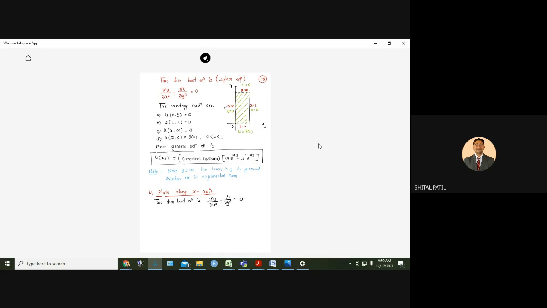Now the plate is along the x-axis, so it will be like this. This is the x-axis. This is the y-axis. This is the plate. Okay, this is the origin. Right. Then, in fact, this is the plate.